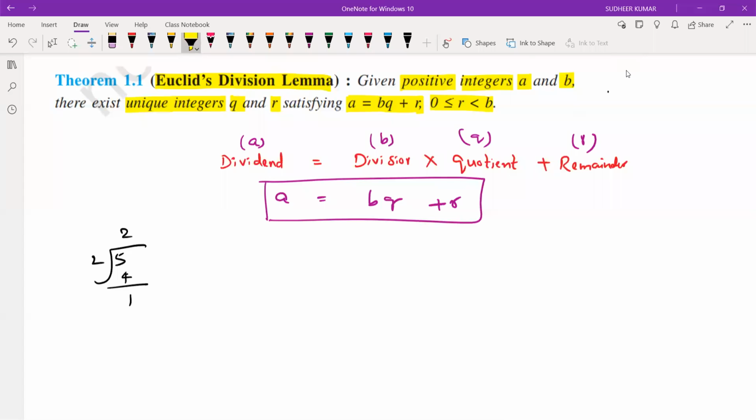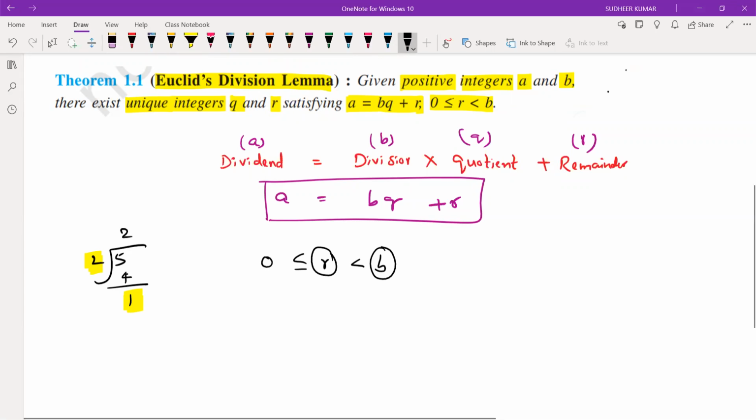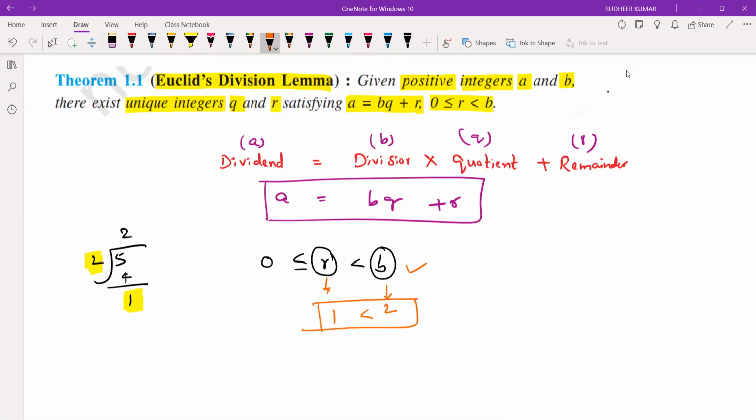So we should take the relation between the remainder and the divisor. Here the relation is given: 0 is less than or equal to r less than b, where r is remainder and b is divisor. Divisor is 2, remainder is 1, and 1 is less than 2. Is this condition satisfied? Yes, so the division is completed.